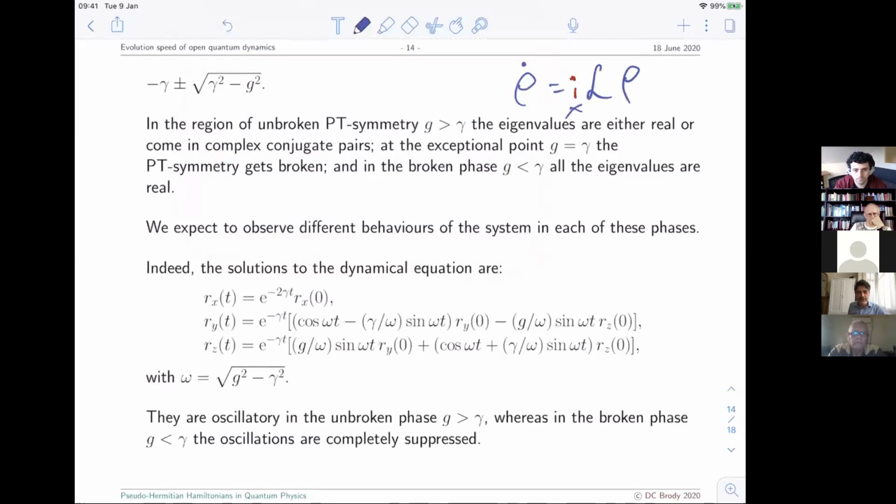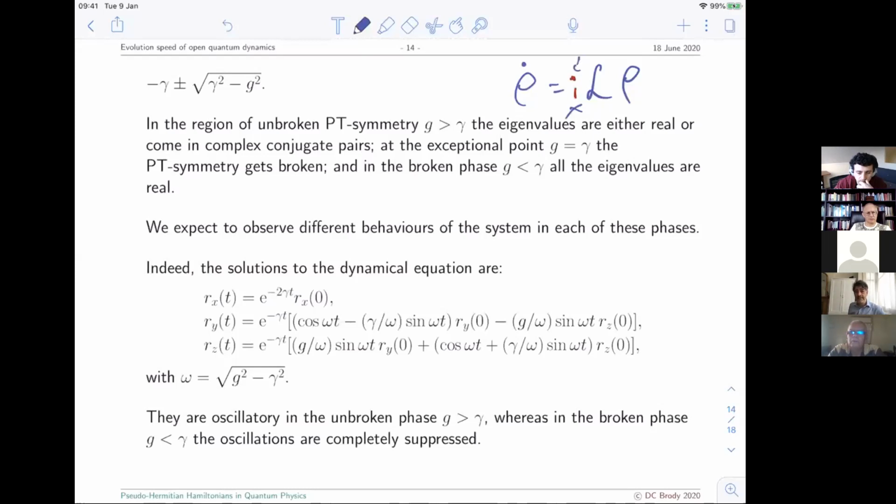The region of unbroken PT symmetry is where complex numbers emerge, because there's no complex number in our equation. That's when G is greater than gamma, and then the first two eigenvalues remain real, but the last two eigenvalues become complex conjugate pairs.